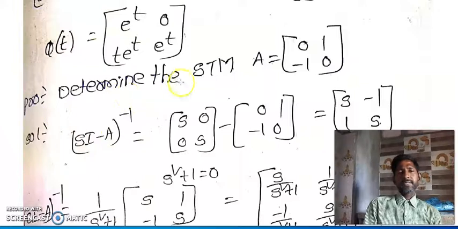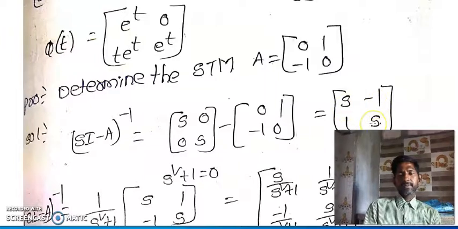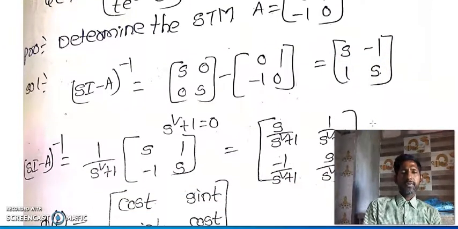The next one is: determine the state transition matrix for the matrix [0 1; minus 1 0]. So find the (sI minus A) whole inverse. This is sI minus A. The value of sI minus A is [S, minus 1; 1, S].